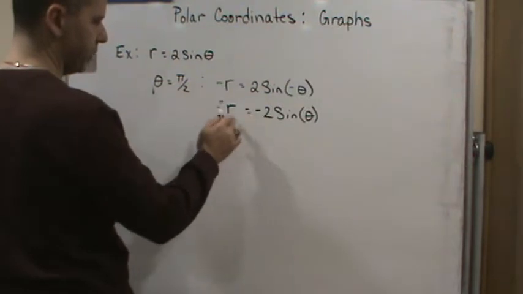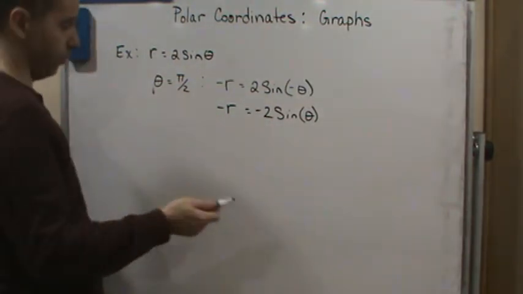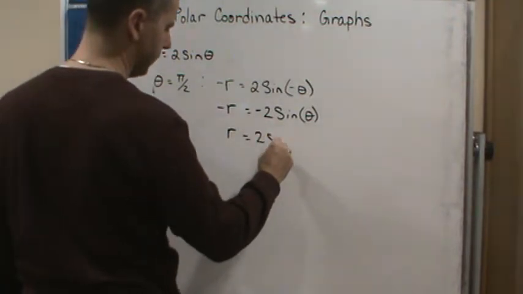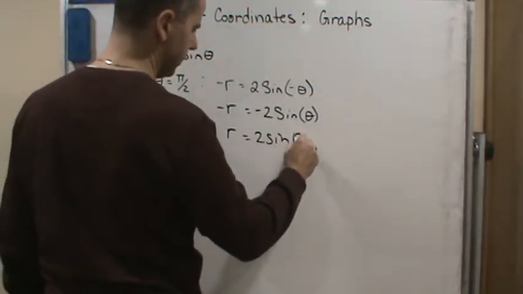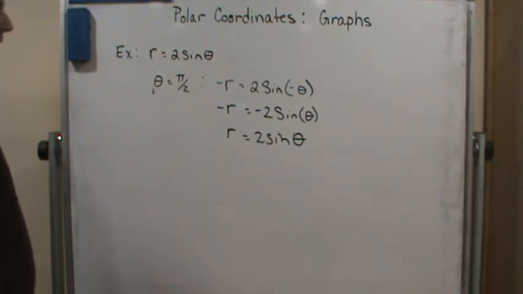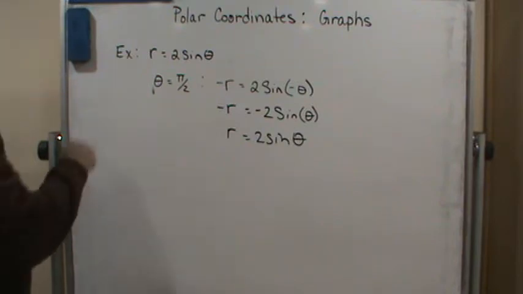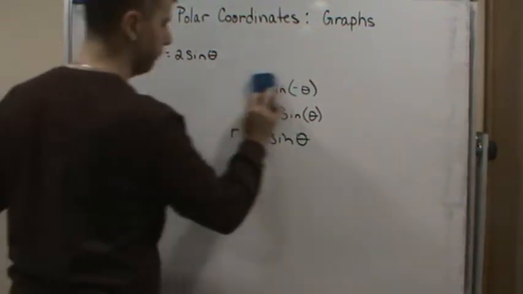Which, of course, if we divide both sides by negative 1, we get the original equation back. And so this shows us that this polar equation is symmetric with respect to theta equals pi over 2.